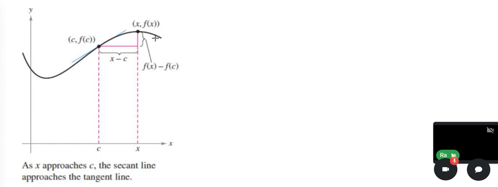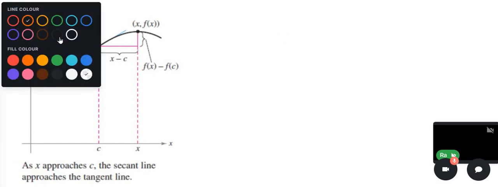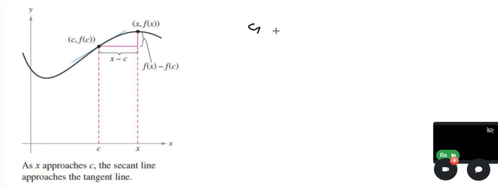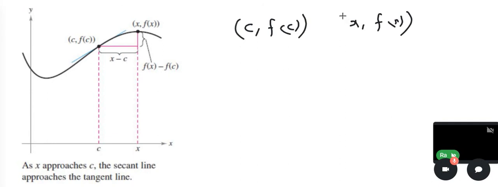So how do I do that? Suppose we are given two points: (c, f(c)) and another point (x, f(x)).